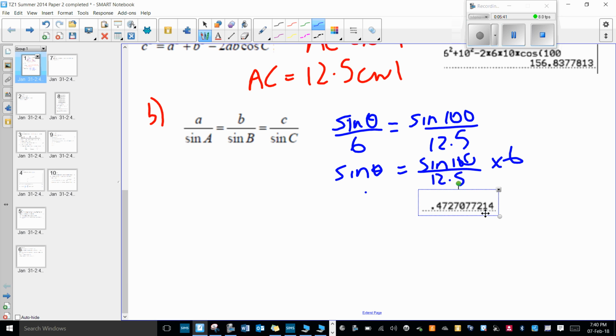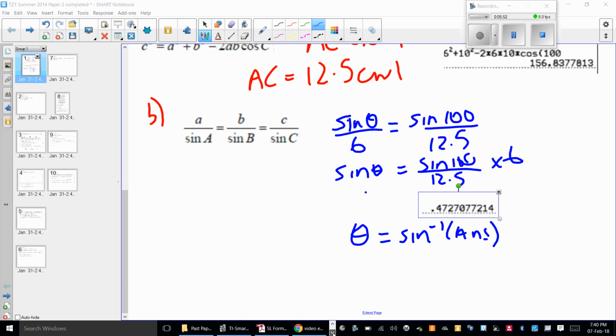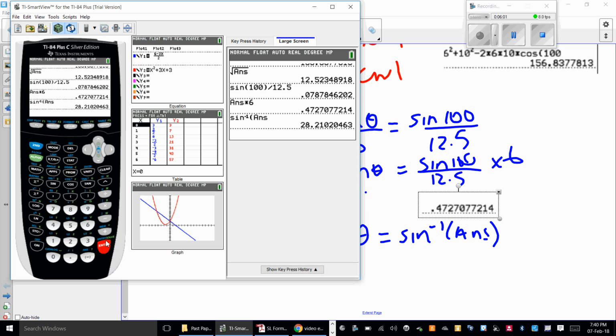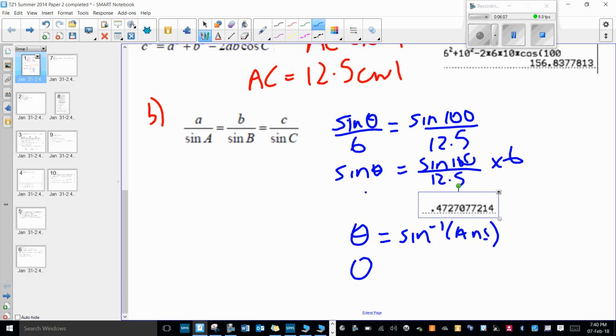We need to find the actual value itself, so we would inverse the sine. Sine inverse of the answer gives us 28.2. Okay, so even with my messing around, it only took 6 minutes.